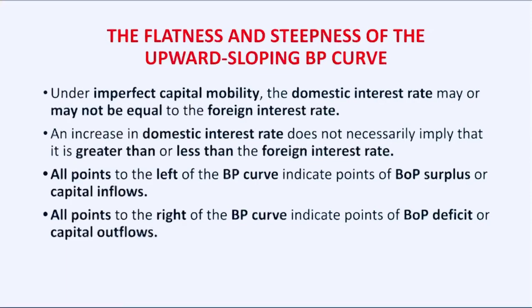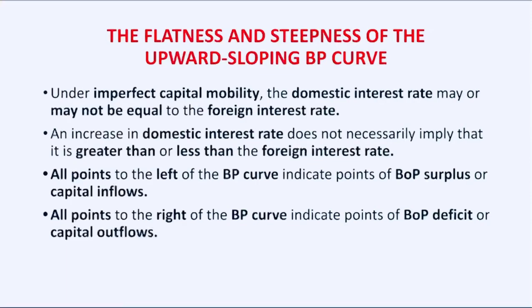It does not necessarily imply that it is greater, because from the point of equilibrium, it does not even imply that the domestic interest rate is equivalent to the foreign interest rate. So an increase in domestic interest rate does not mean it is now greater or less. It depends. Now all points to the left of the BP curve indicate points of BOP surplus or capital inflows.